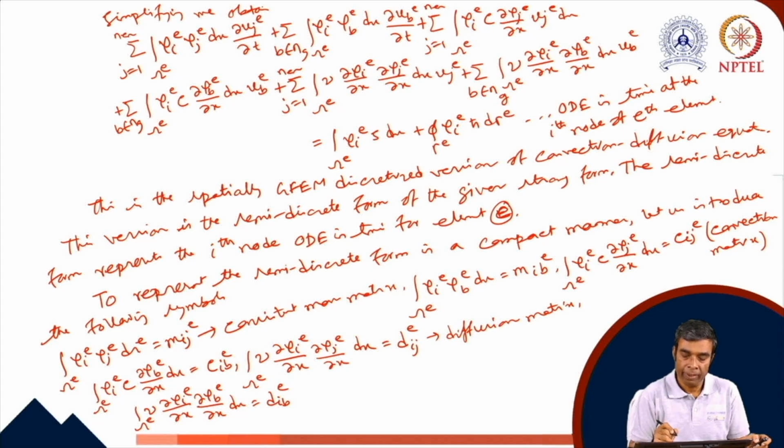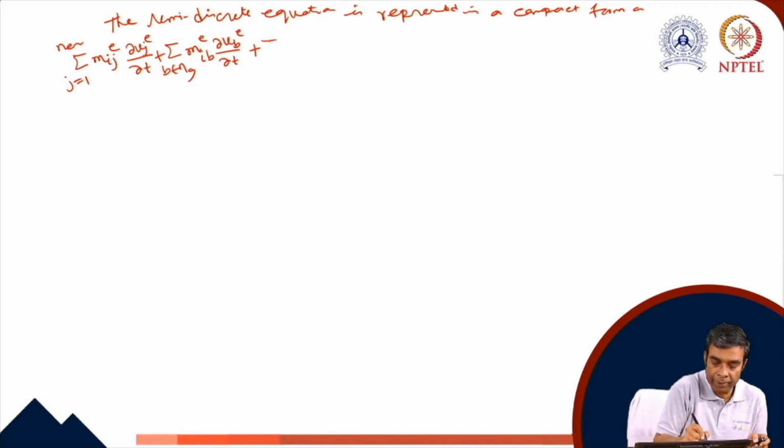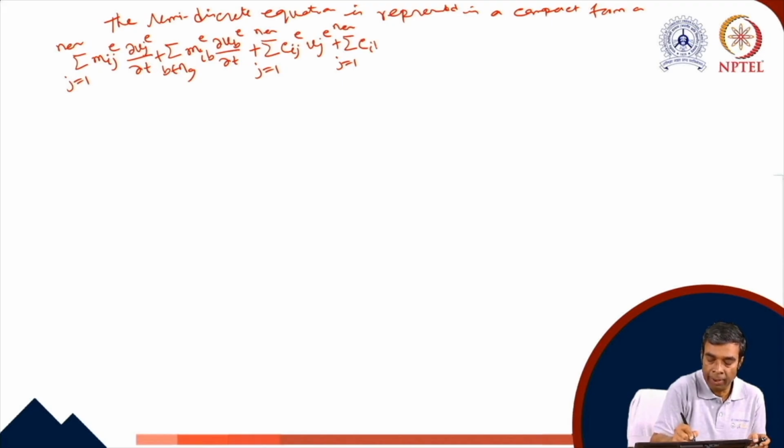So this will be summation over j equals to 1 to nen cije uj. The convection matrix is summation over j equals to 1 to nen cije uj. Then its EBC counterpart will be summation over j equals to 1 to nen cibe ube.